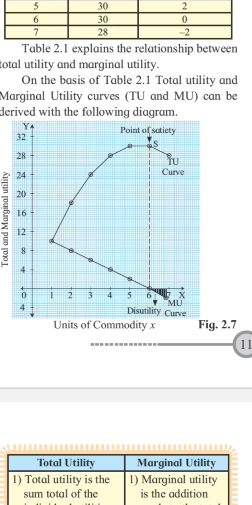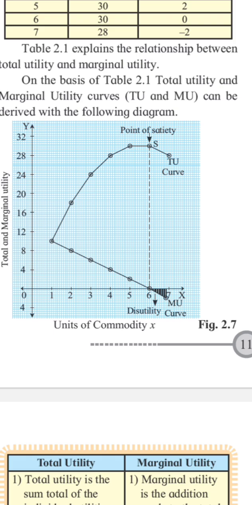So you can see here the point of satiety. At a certain point, total utility becomes maximum and constant. Then marginal utility becomes 0. You can see here at the 6th position, marginal utility is 0 and total utility is 28. So this is the point of satiety where TU is maximum and MU is 0.